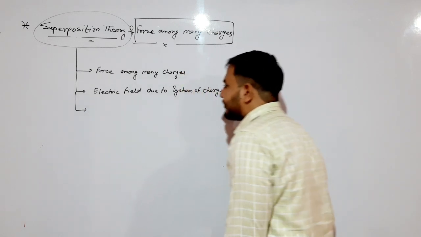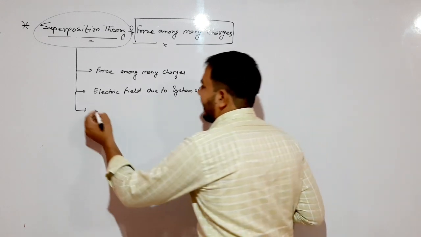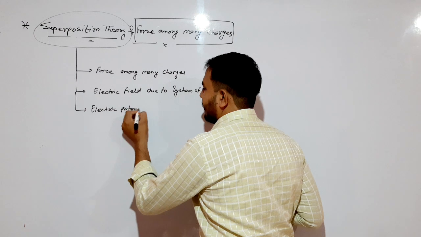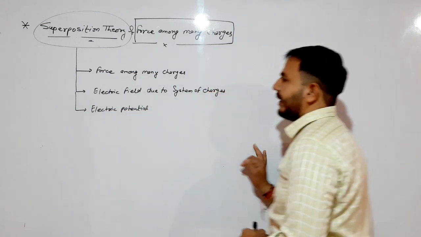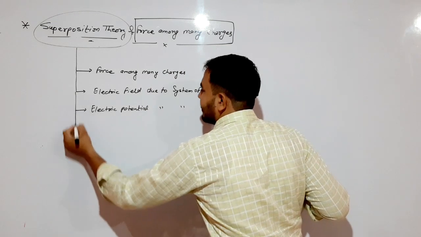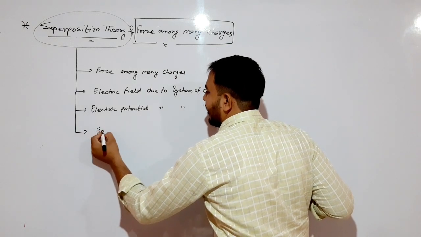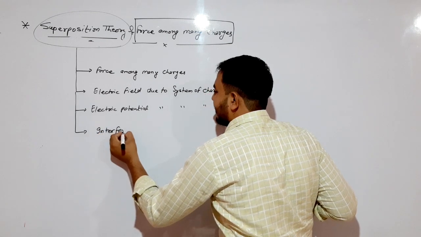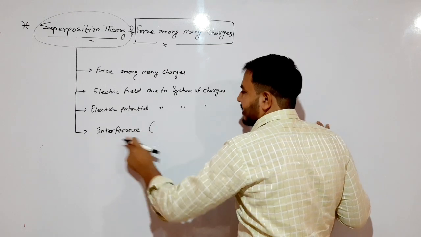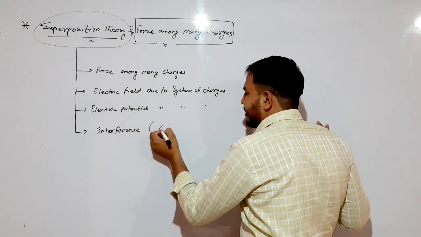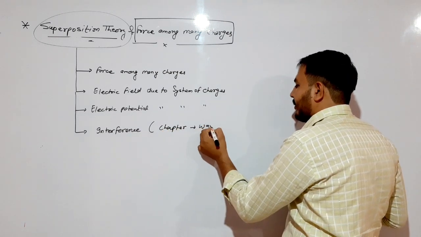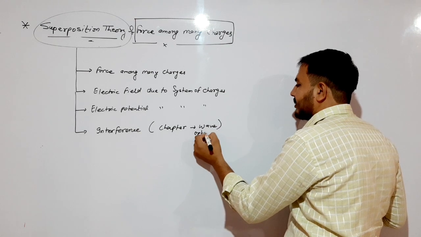third one is electric potential due to a system of charges, and the last one is interference, which is a topic of the chapter named wave optics.